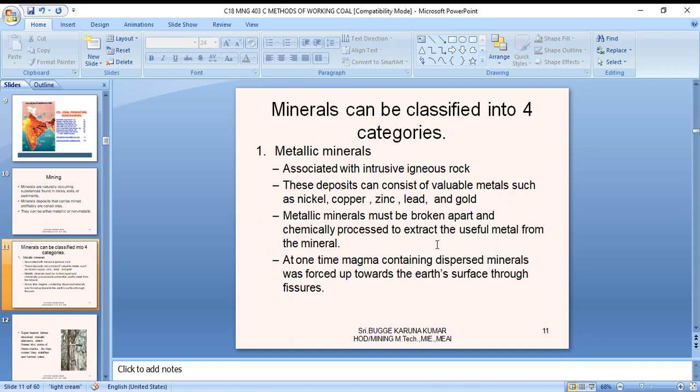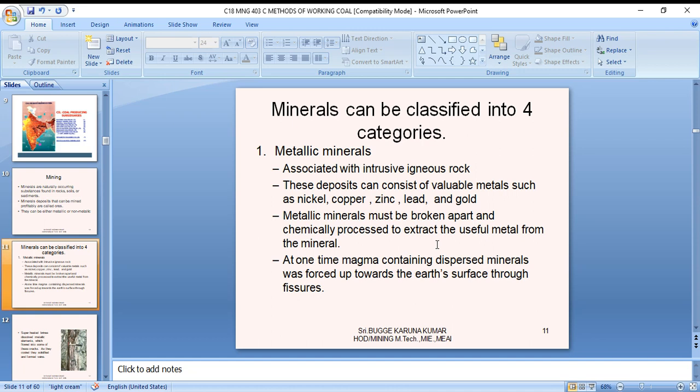Minerals can be classified in four categories. Metallic minerals are associated with intrusive igneous rocks. These deposits can consist of valuable metals such as nickel, copper, zinc, lead and gold. Metallic minerals must be broken apart and chemically processed to extract the useful metal from the mineral.